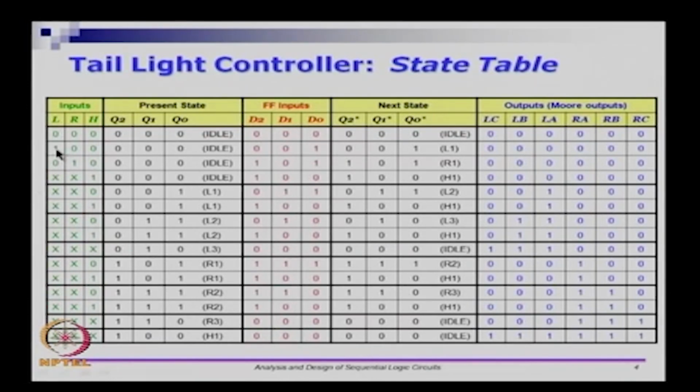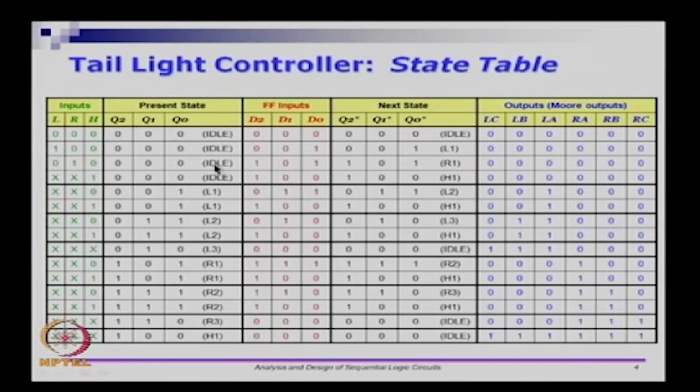If left indicator is turned on and right is off and hazard is off, then you want to turn on LA. To turn on LA, you want D0 to be 1, and you will see that at this point the outputs are all zeros even now, because the output is dictated by the state.